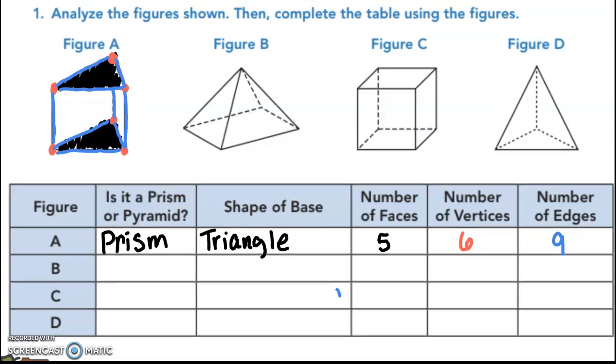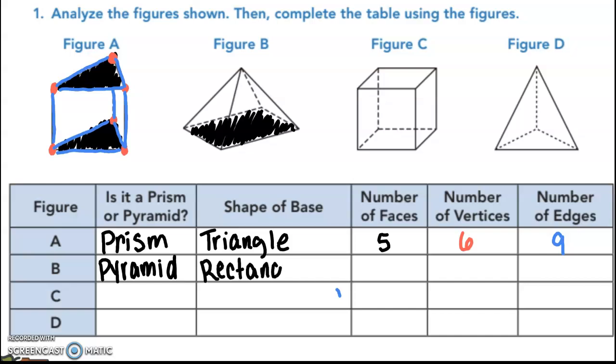Now for figure B, I can see that it has just one base, and that base is down here. And I also notice that it comes to one point at the top. So that tells me this is a pyramid. The shape of the base is a rectangle. The number of faces, so the number of sides. There's one base, and there's 4 sides on a rectangle, so that's going to be 4 triangles that fold up into the point.